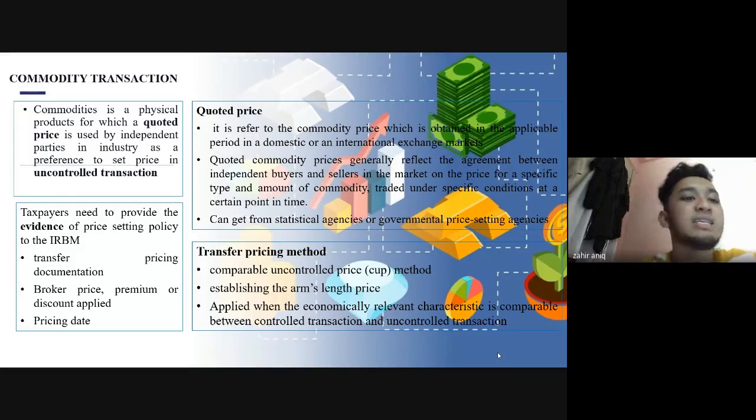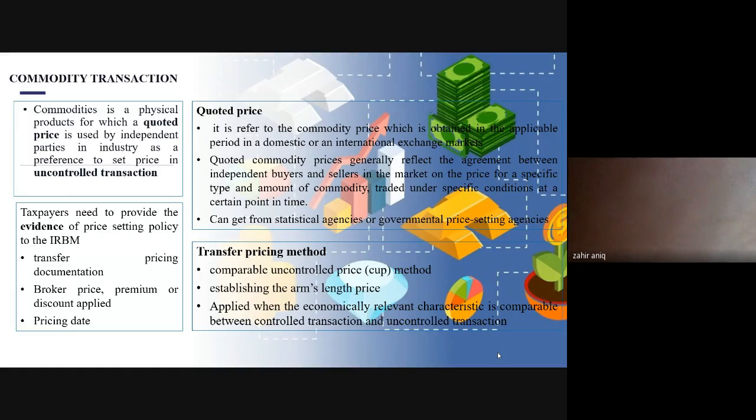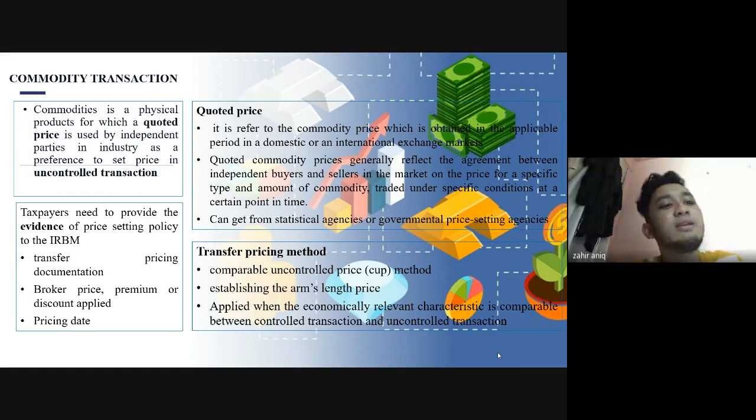So for commodity transactions, the taxpayer needs to provide evidence of the price setting policy.